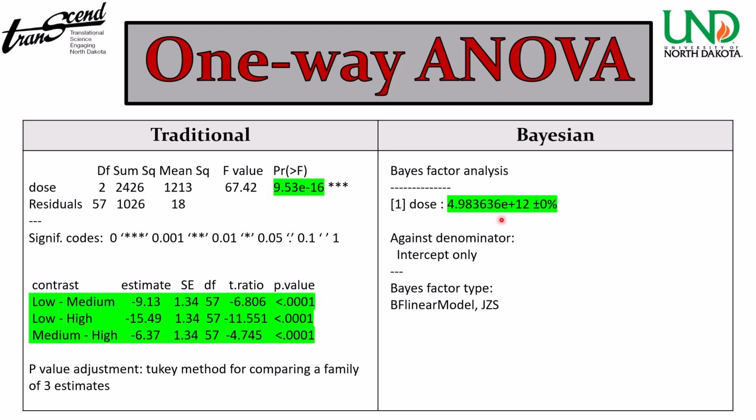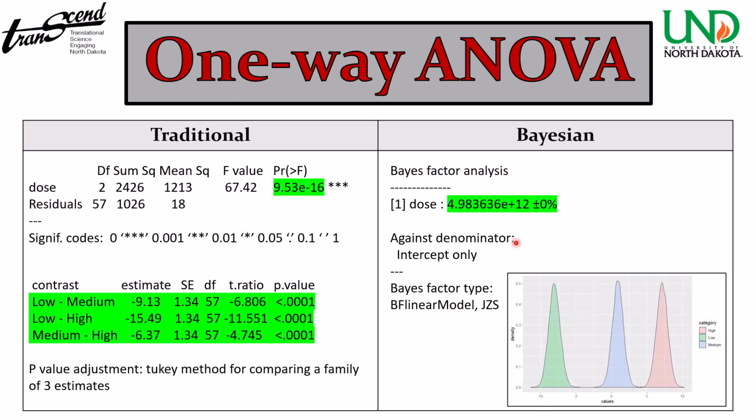Anyways, make sure you're keeping track of whether or not it's scientific notation. So this is extreme evidence for the alternative hypothesis that there's a difference between groups. And so what I did with my additional code for a ggplot, I was actually trying to plot sort of the estimated means, or at least the estimated difference between means of all three groups.